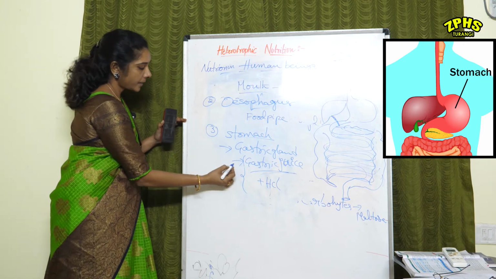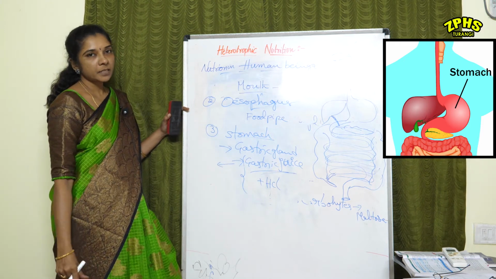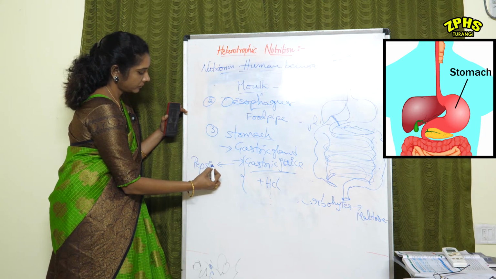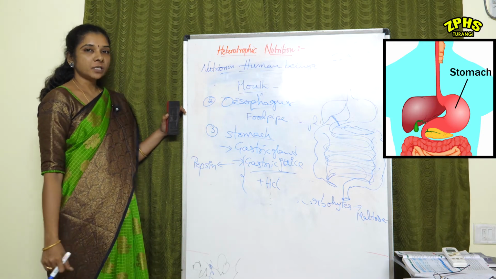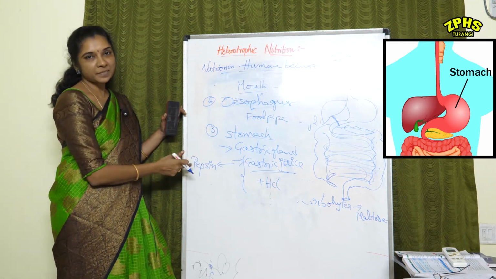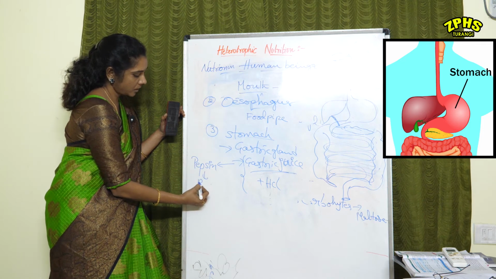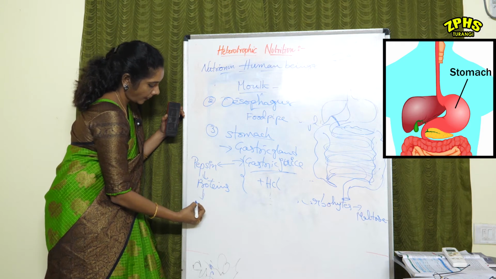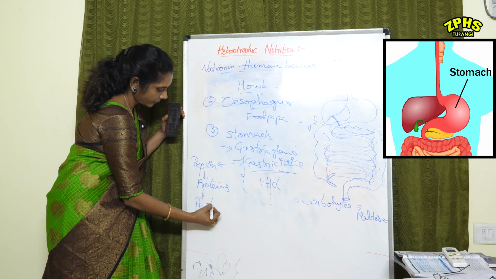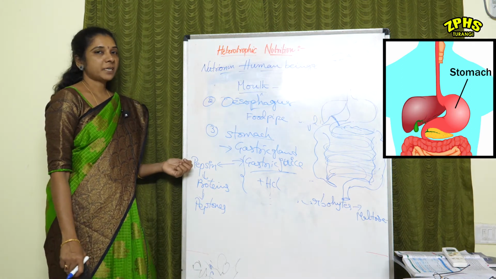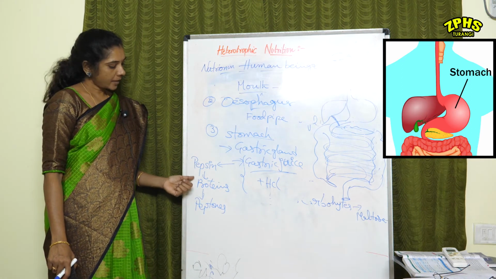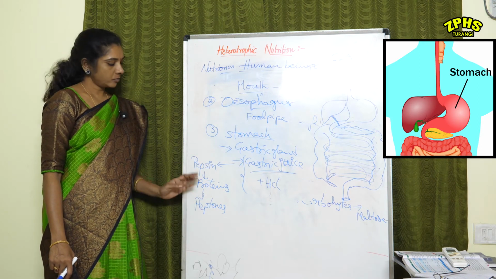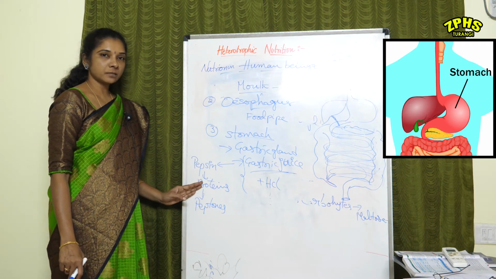Gastric juice contains some enzymes, and a very important enzyme in that is pepsin. The substrate for this pepsin is proteins. Pepsin divides the proteins into peptones, the next level. So pepsin digests proteins.